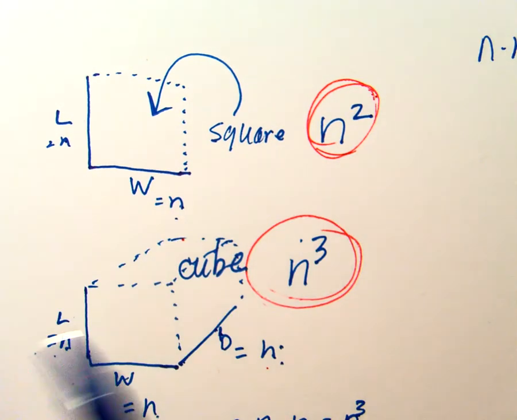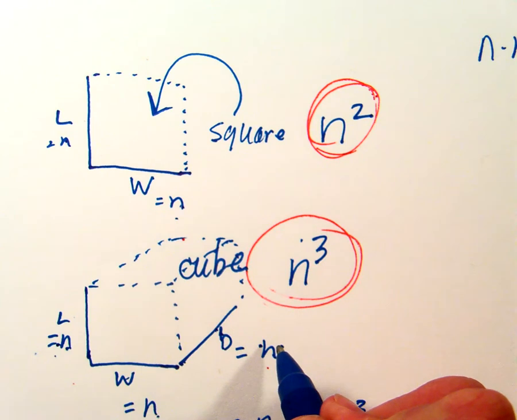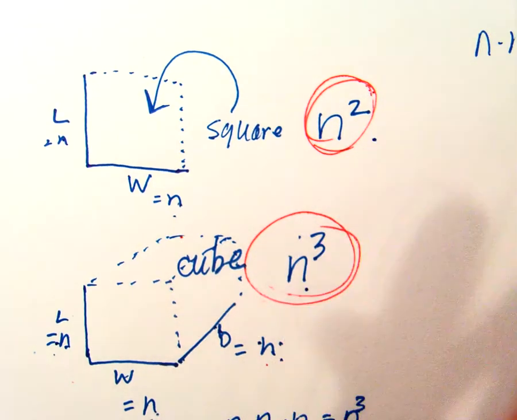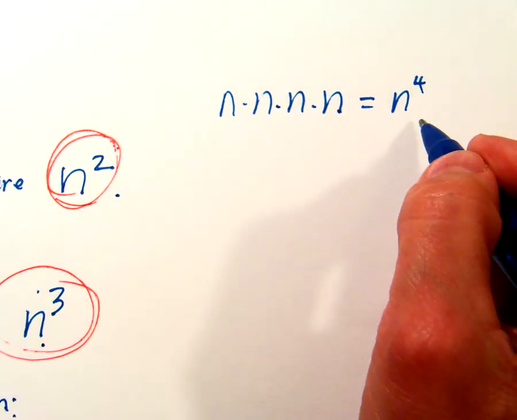Then I did a three-dimensional shape, n times n times n, and I can make it. It's something I actually have, and I can pick it up and throw it at my friends or whatever. It's a real thing. 3 dimensions, 2 dimensions. Okay, well, if we're doing this here, this would be like 4 dimensions.